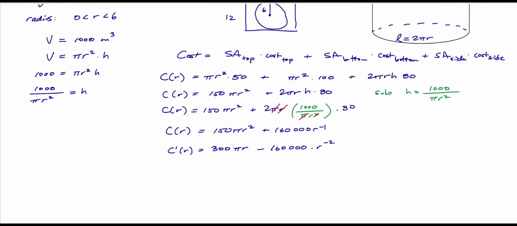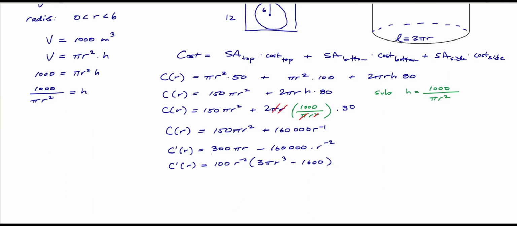So I'm going to factor out an r to the negative 2. I'm also going to factor out a 100. And I end up with 3 pi r cubed minus 1,600.